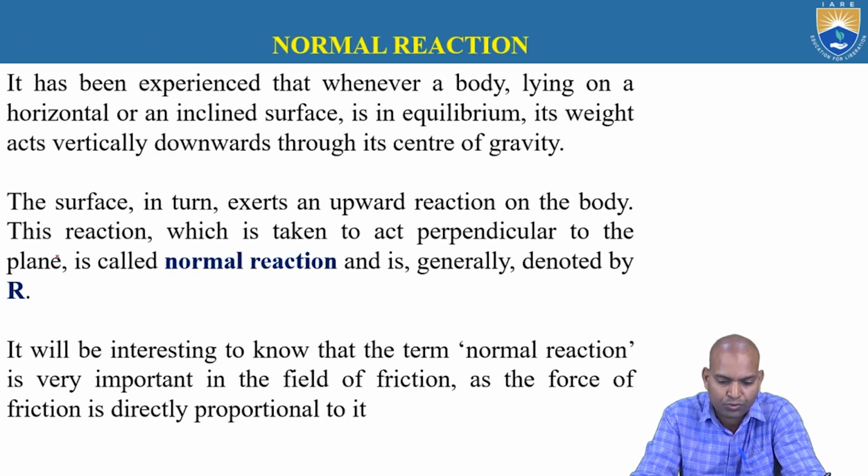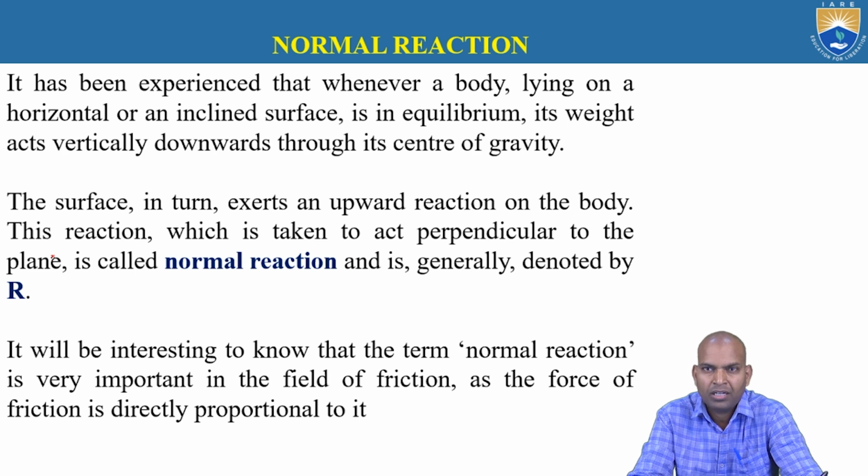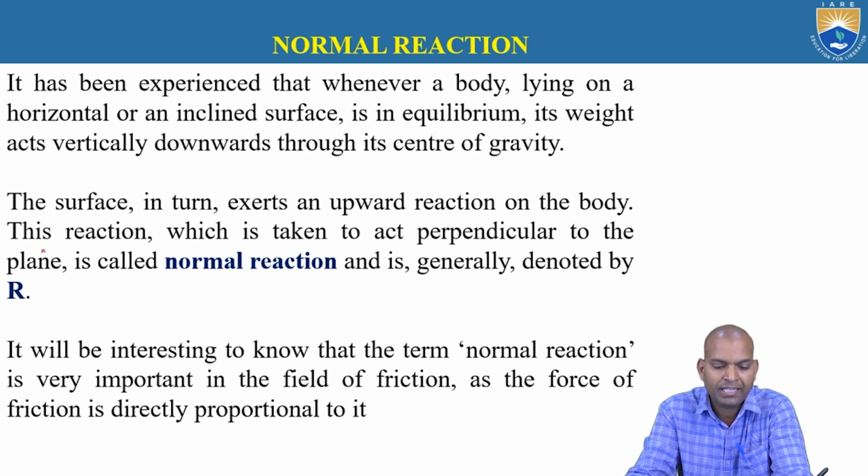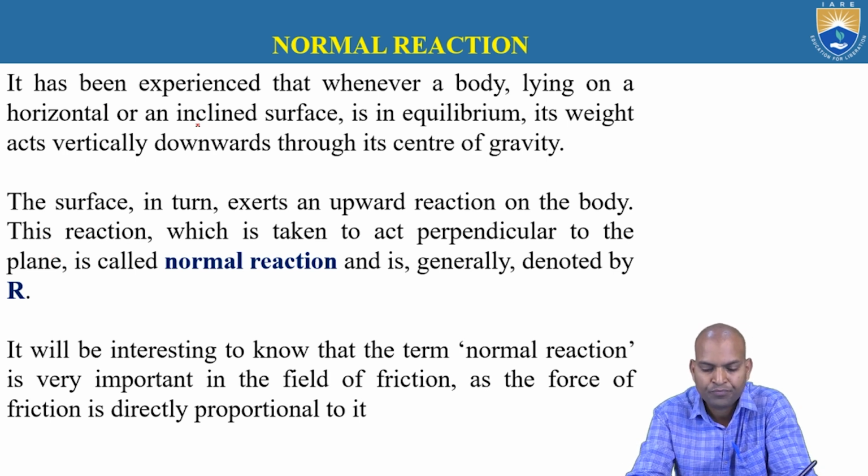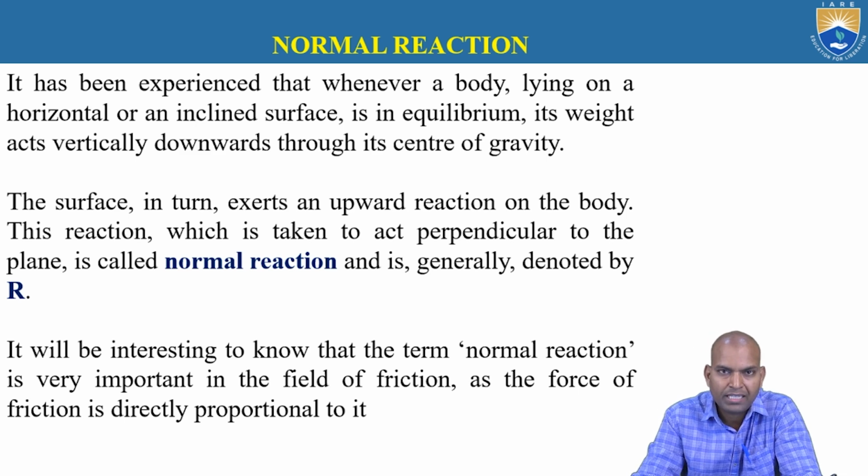Now, the normal reaction, which we discussed already, is experienced whenever a body is lying on a horizontal or inclined surface in equilibrium. Its weight acts vertically downwards, passing through its center of gravity.